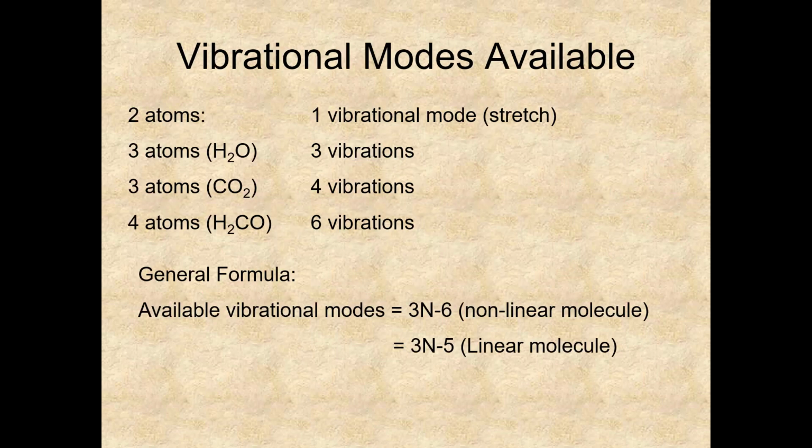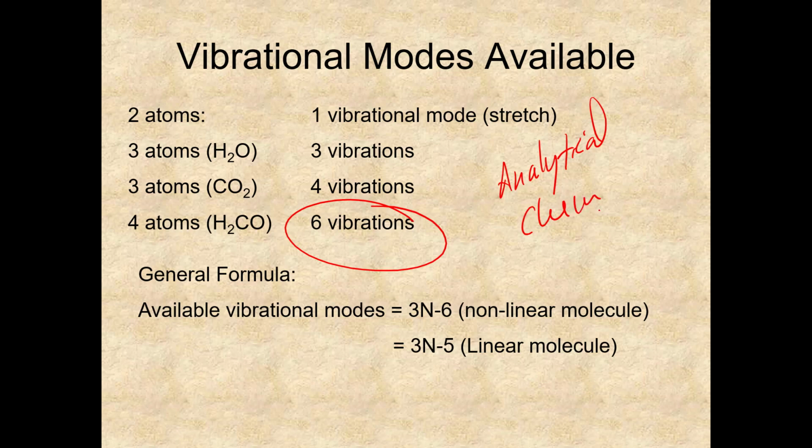The types of vibrational modes that are available for these molecules depend on the number of atoms. The more complicated the molecule, the more signals I'm going to get, the more chances of different allowed vibrational modes. So you get these things called degrees of freedom. And again, this is analytical chemistry. Too much math for us organickers.